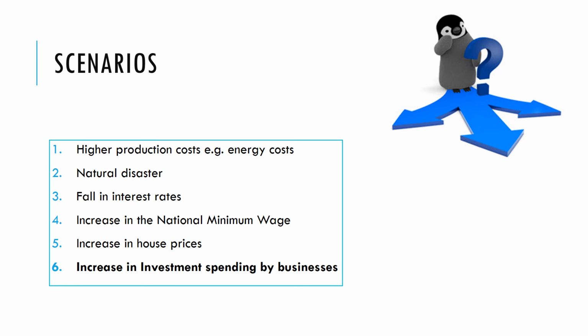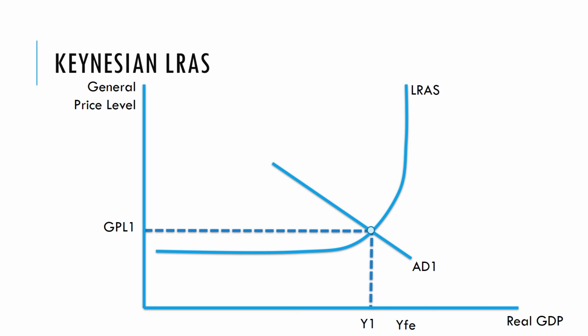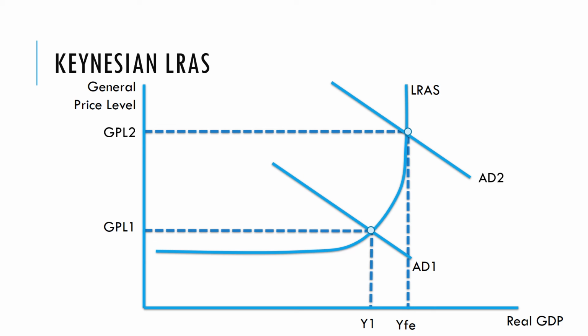Finally, what about an increase in investment spending by businesses? Now, this is a bit of a funny one because an increase in investment spending would cause an increase in aggregate demand. But you might go a bit further and think, well, if businesses increase their level of investment, then in theory, businesses should be able to produce more. So the maximum potential level of output should also increase.